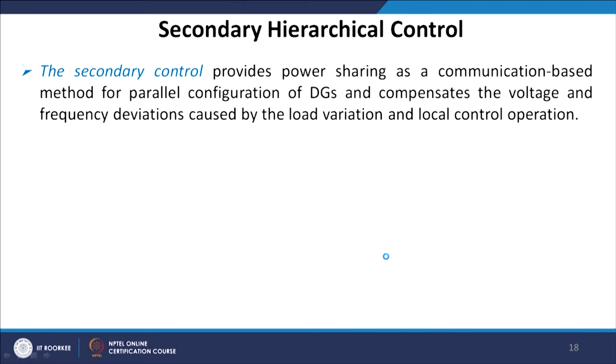Now, the secondary hierarchical control. The secondary control provides power sharing as a communication based method for parallel configuration of DGs and compensates the voltage and frequency deviations caused by the load variation and local control operation.